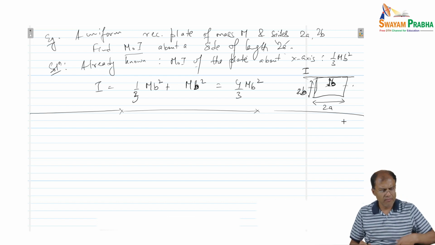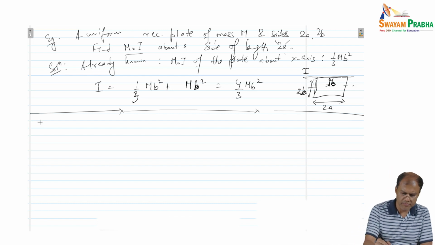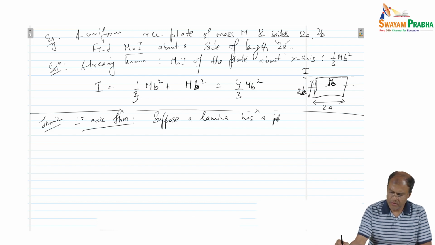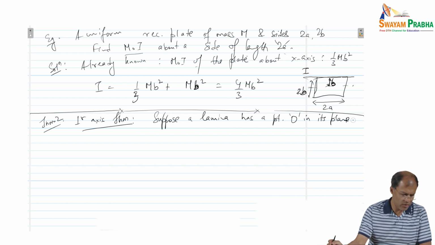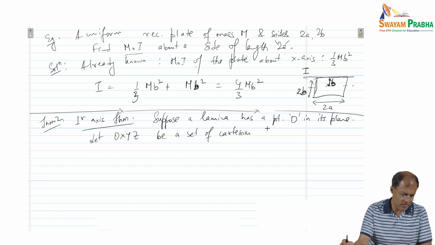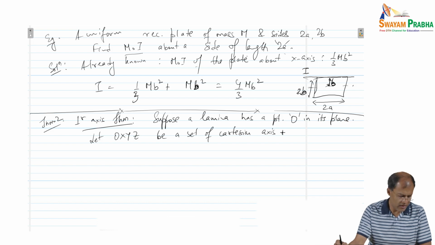The next is the case of perpendicular axis theorem. So what we have is, suppose a lamina has a point O in its plane, and let O, X, Y, Z be a set of Cartesian axes, right?